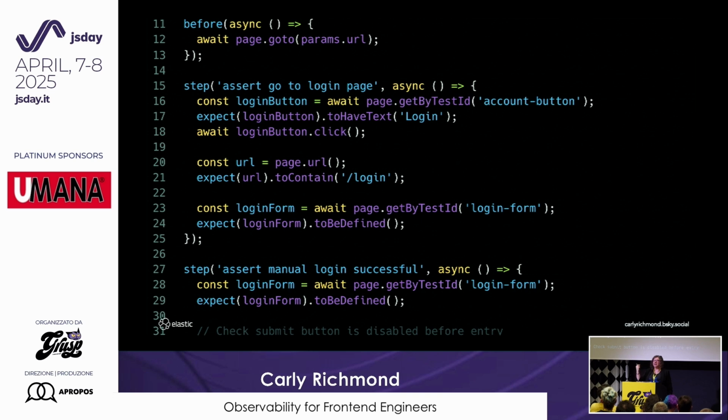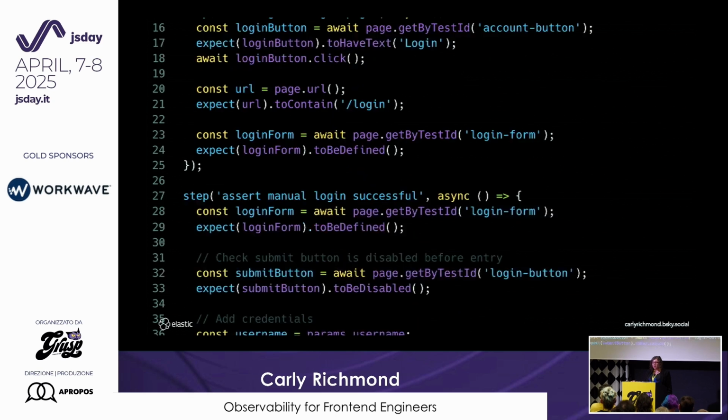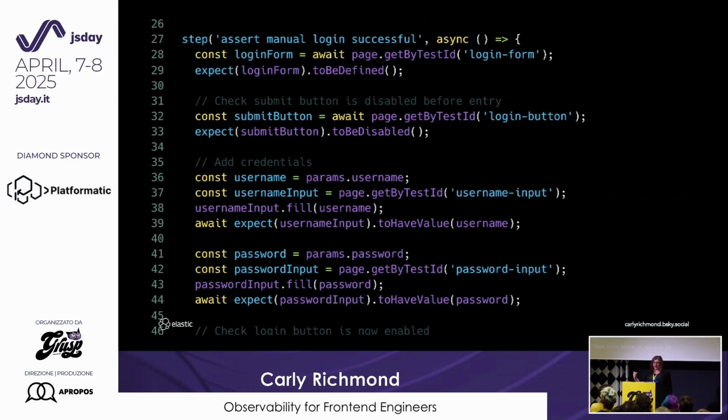Utilizing the data test ID attribute, which is common practice for end-to-end testing, should be the same thing for monitors. And then we do all the things in Playwright that we want to do. We do clicks, we do text entry against the input elements. We check against particular buttons to see if they're disabled and then change to enabled on text entry, all those other kinds of things.